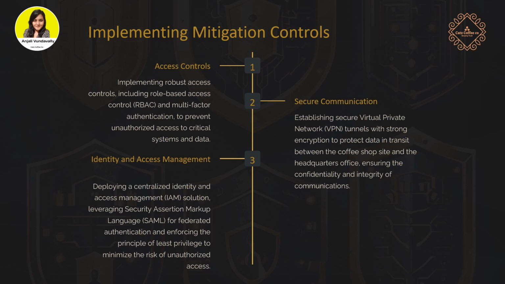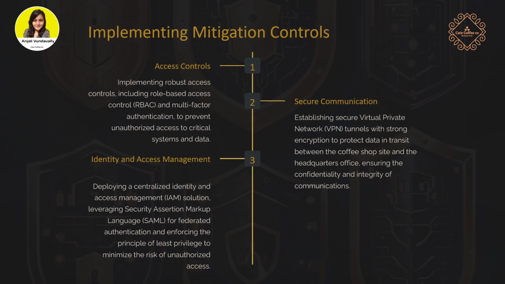The second is secure communication. Establishing secure virtual private network, which is VPN tunnels with strong encryption, could protect data in transit between the coffee shop sites and the headquarter office, ensuring the confidentiality and integrity of the communication.